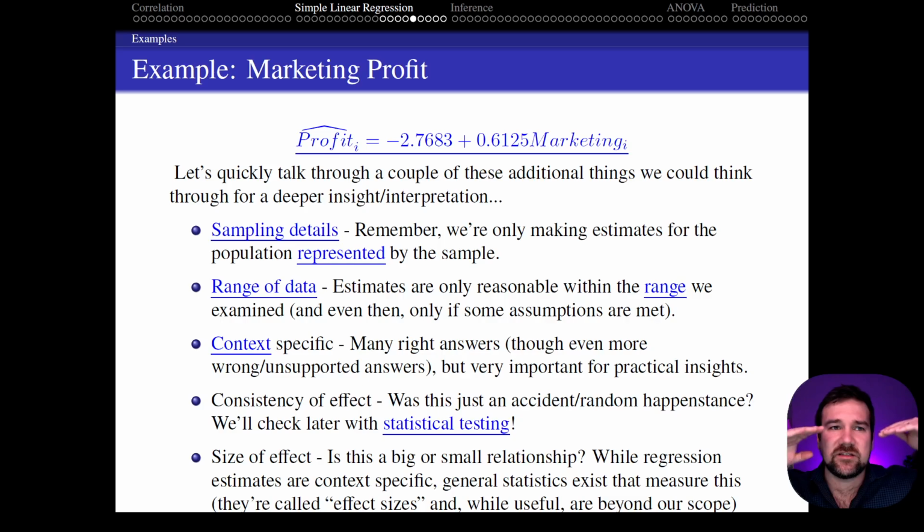But just determining that there's enough evidence to believe that it's not 0 does not necessarily mean that it's of a useful amount. So the size of the effect is a completely different determination than the statistical significance, and sometimes you'll hear this called practical significance. Okay, yeah, it was statistically significant, and that's a precursor, that's a necessity to discuss practical significance.